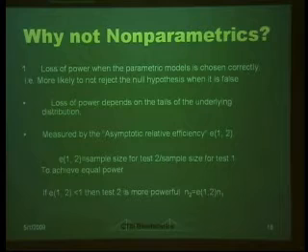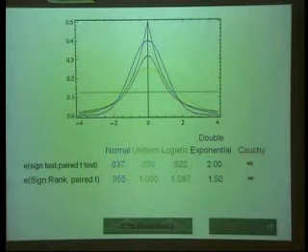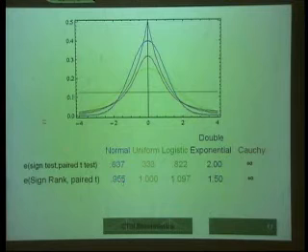Now, how much do you lose? Well, it depends a bit on the test, and this figure may be a little complicated. What I've drawn here are curves that match up with the different colors, and it depends on what the underlying population distribution looks like. So you can think of this as being a histogram if you could measure everybody in the population.